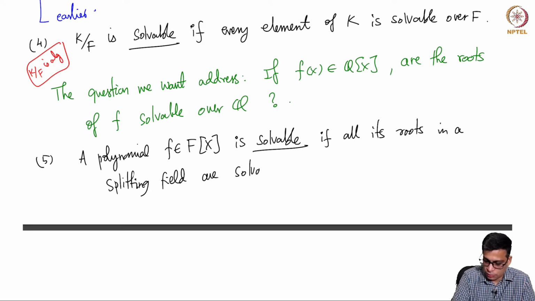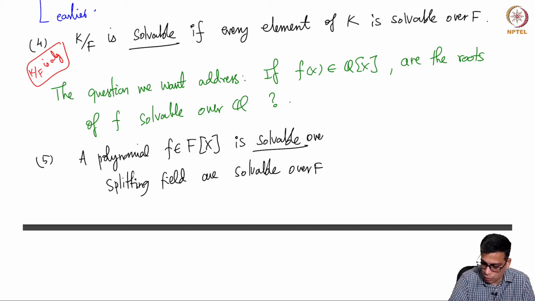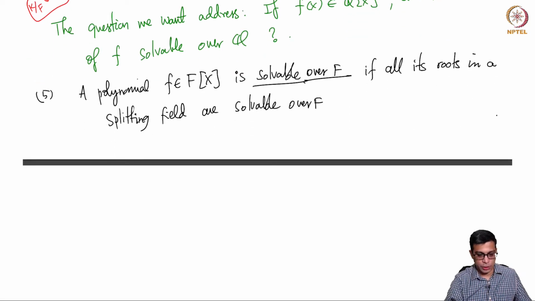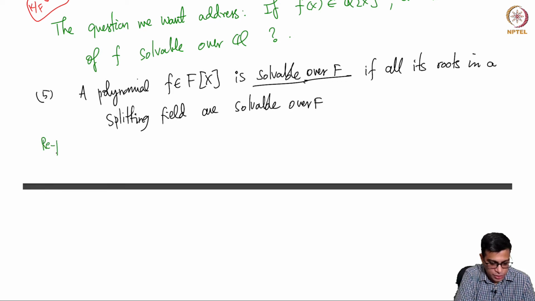I omitted the crucial thing here: solvable over F if all its roots in a splitting field are solvable. So the question can be rephrased as follows.